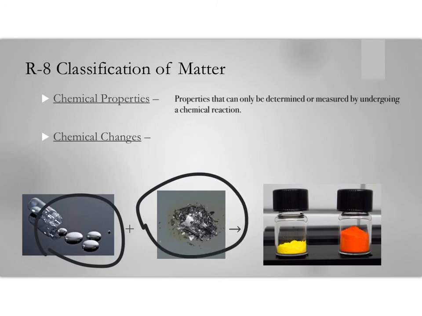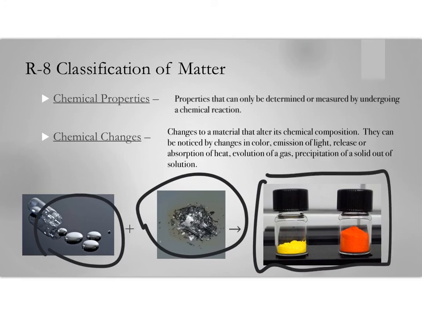You have a liquid metal and a solid nonmetal, which happens to look like a metal, but I promise you it is not. When those two react with each other, they make a completely different type of substance. You can see over here, it forms two different products, one that is orange, one that is yellow, both of which are solids coming from a liquid and a solid, and both of which are clearly not colored the same as the reactants.